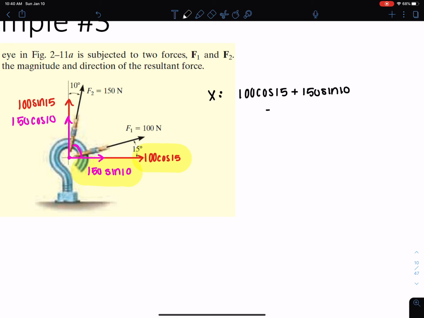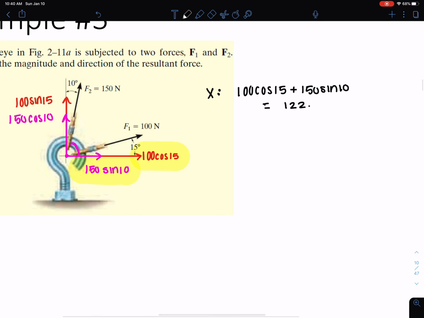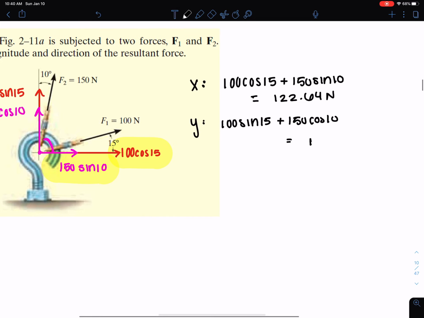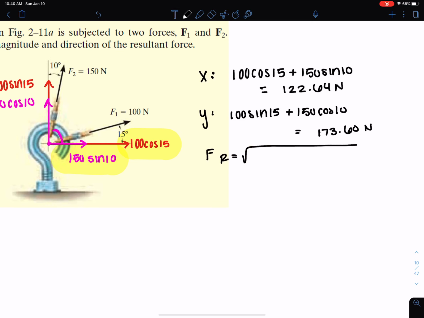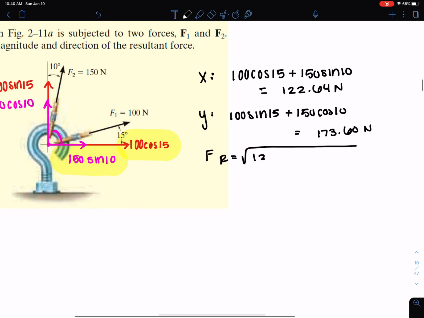And I just have to add those up to get the resultant, in newtons. We'll do the same thing in the y. Both positive, and also in newtons.